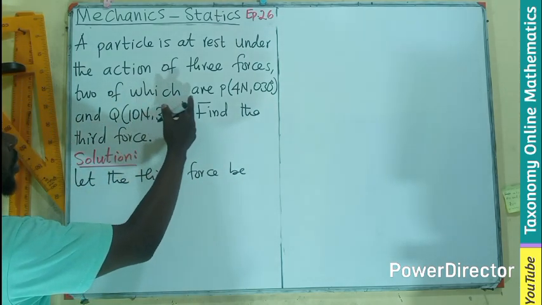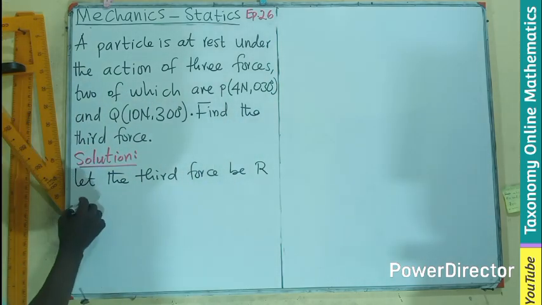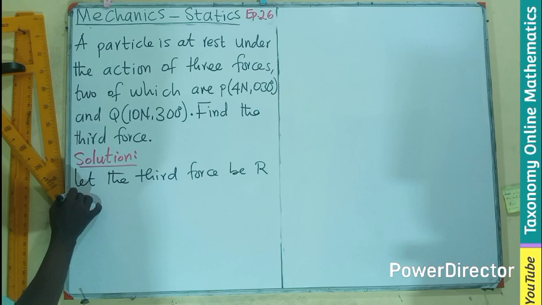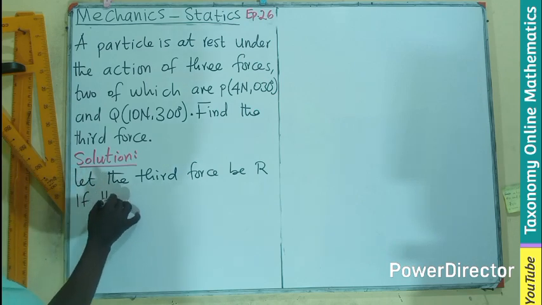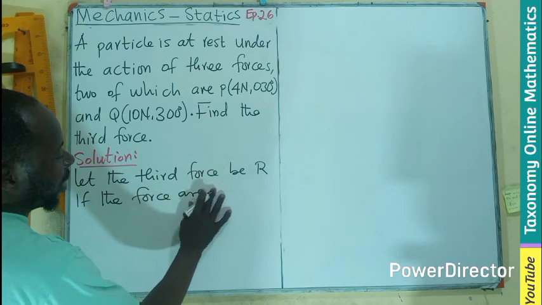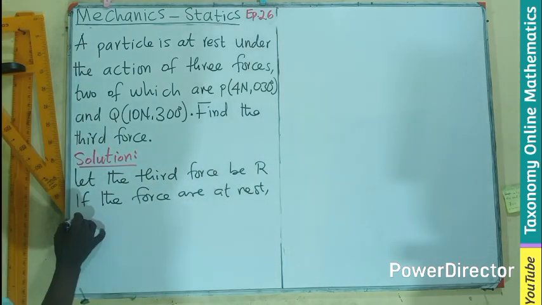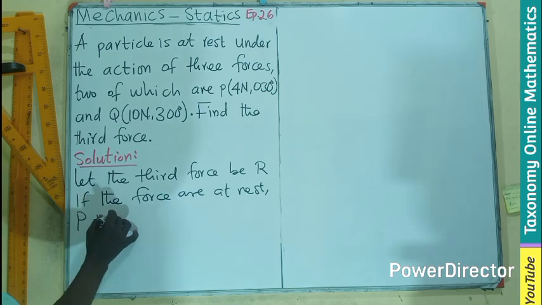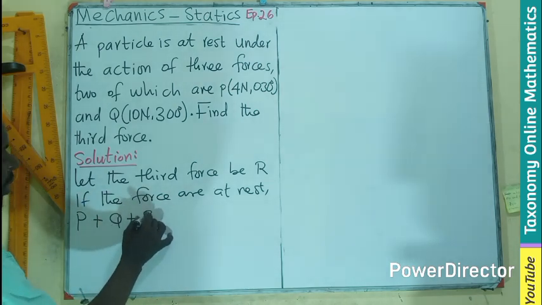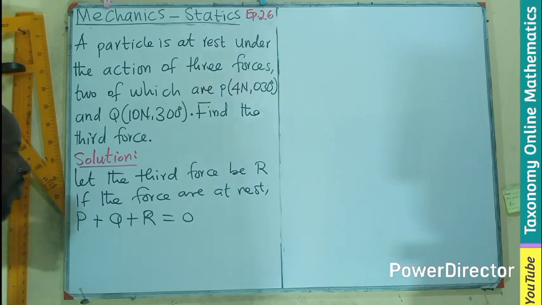So we're having P and Q. Let's say the third force is R. If the forces are at rest, it means that the first force plus the second force plus the third force gives us zero.